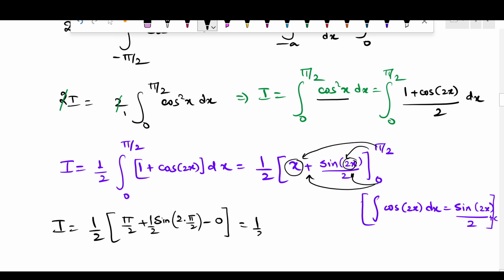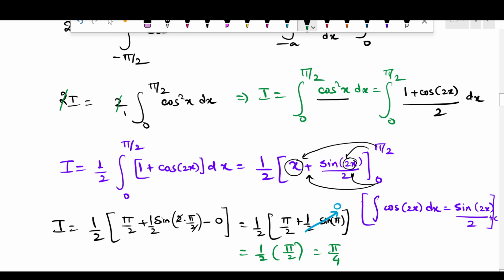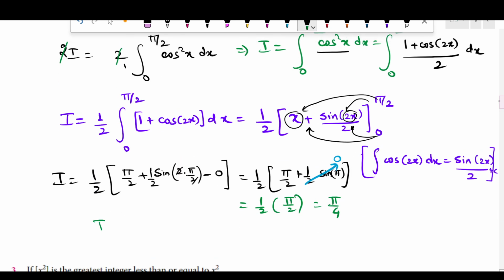So this is basically half pi by 2. This 2 gets cancelled out. This will be plus half sin pi, which is again 0. So this gets cancelled out as 0. We are left with half into pi by 2, which equals pi by 4. Hence our final answer is pi by 4.